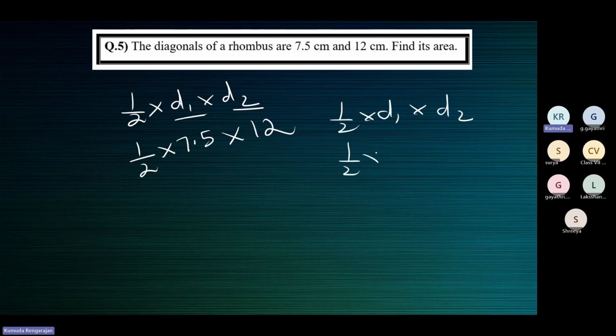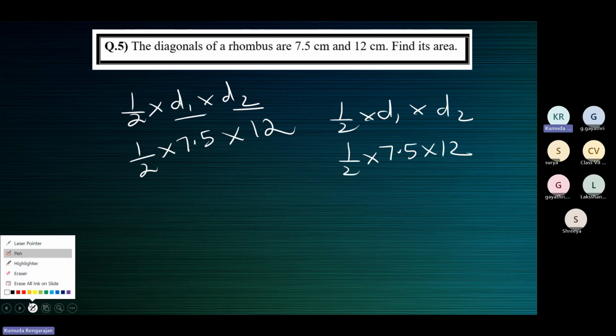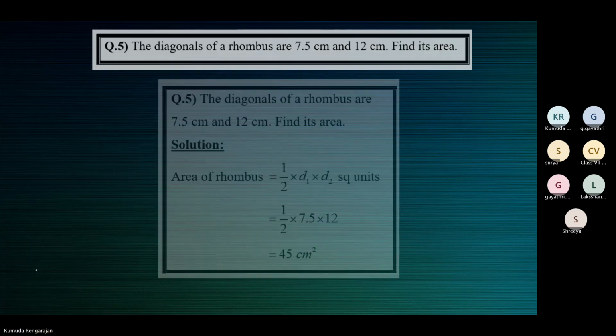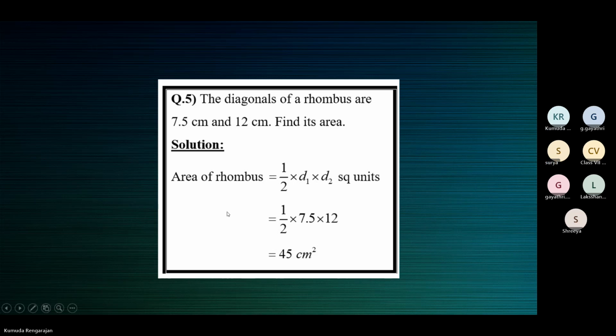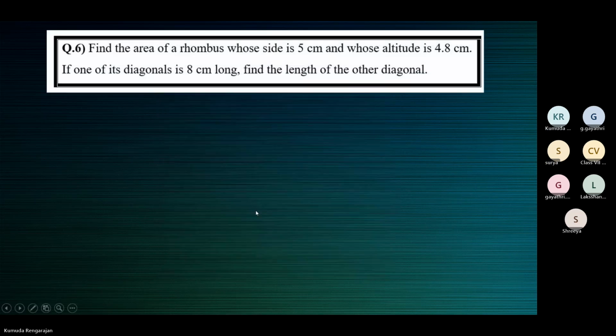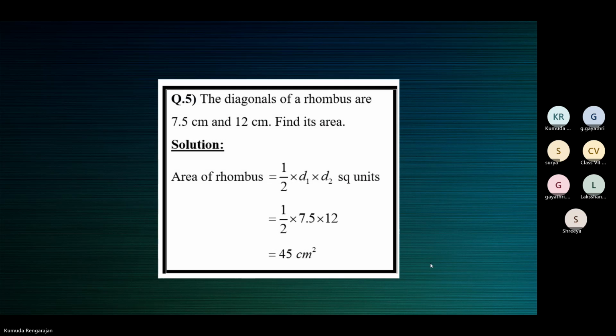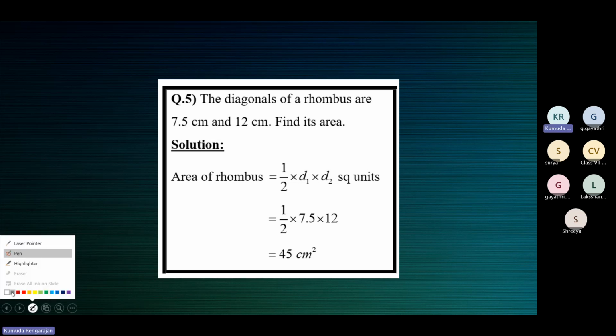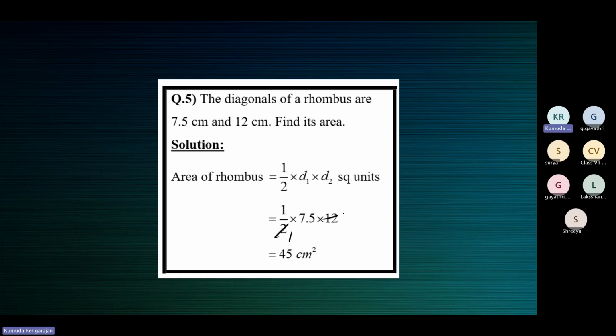So half into one diagonal is 7.5, the other one is 12. And simplify this. We'll be cancelling. So it will be 2 ones are 2, 6s are. Then 7.5 into 6 will give you 45.